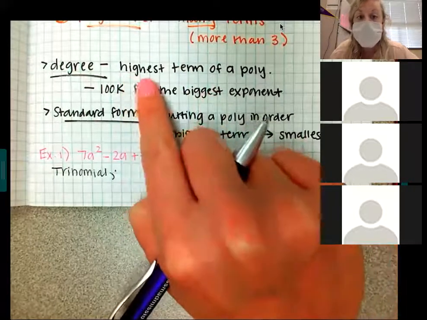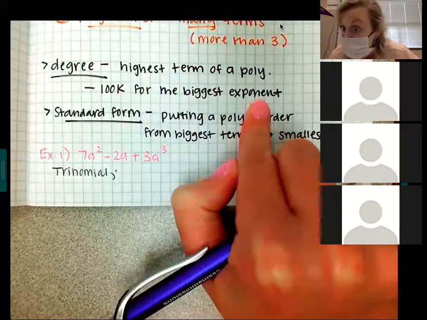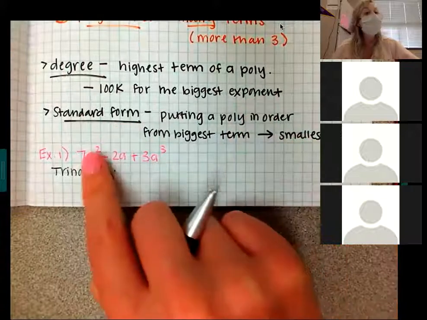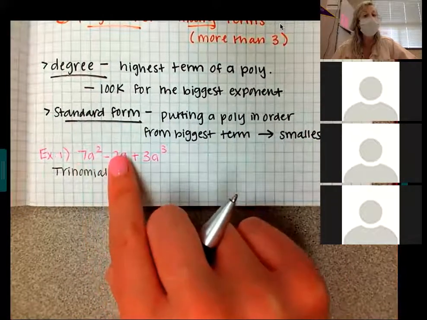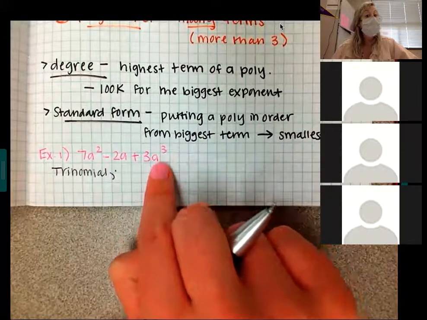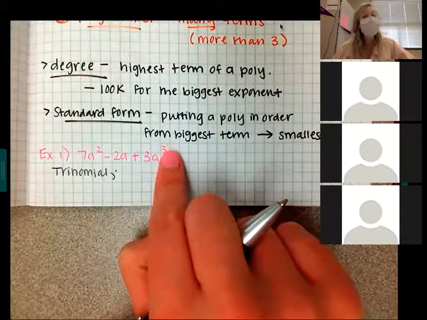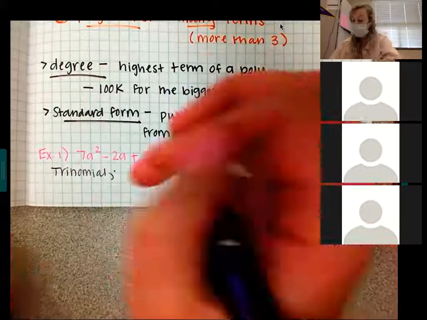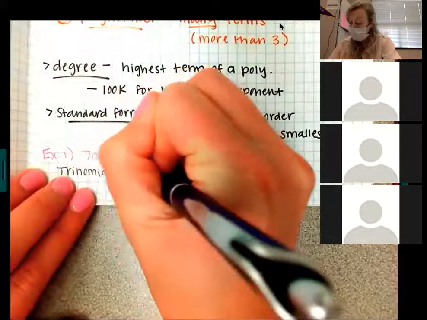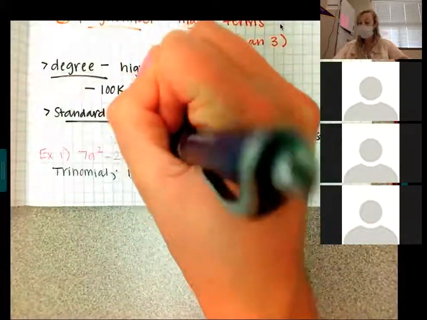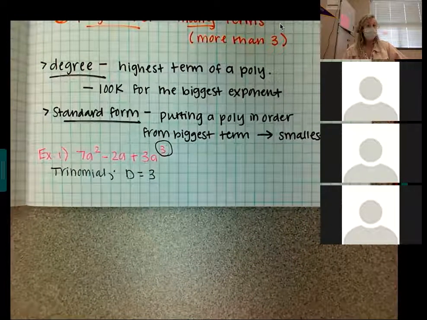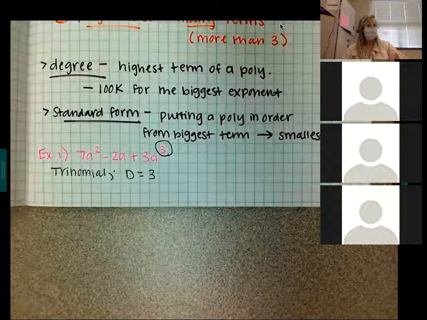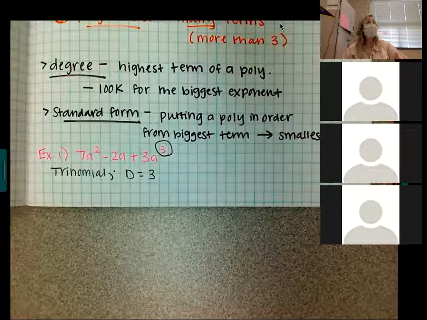Everybody look, the degree is based on the biggest exponent, not the number out front. Find the biggest exponent. What's the biggest exponent? 3a cubed. What is the exponent? 3. So the degree equals 3 because 3 is the biggest exponent. If it doesn't have an exponent, it's always an understood 1.